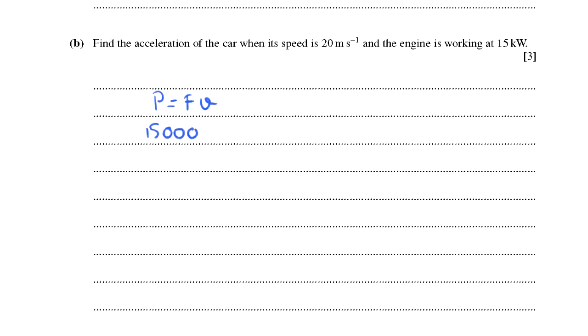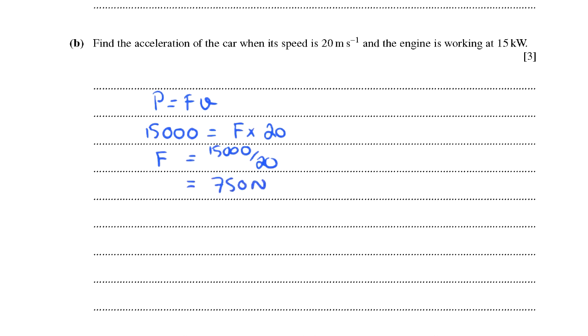We're going to change it to 15,000 watts, which is equal to the force times the velocity, which is 20. That tells us the forward force, or the driving force from the engine, is equal to 15,000 divided by 20, which equals 750 newtons.